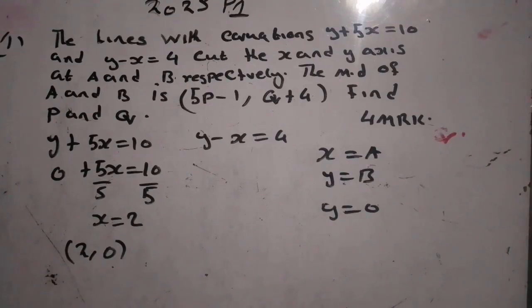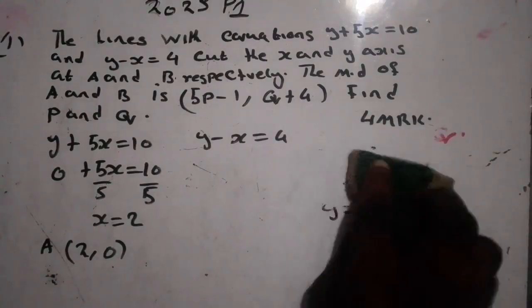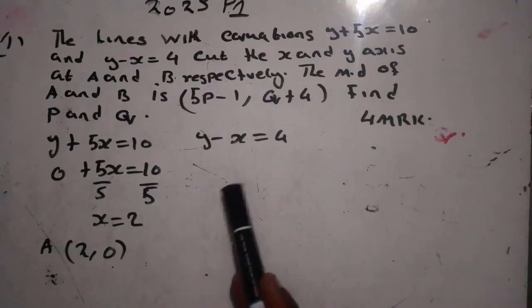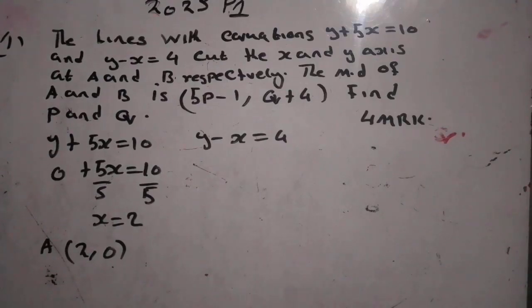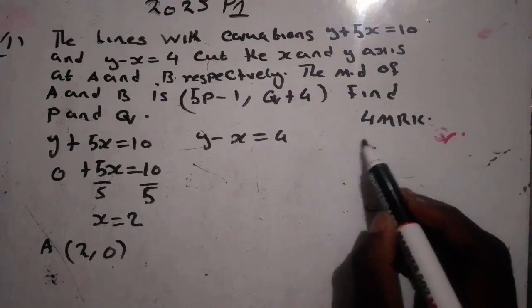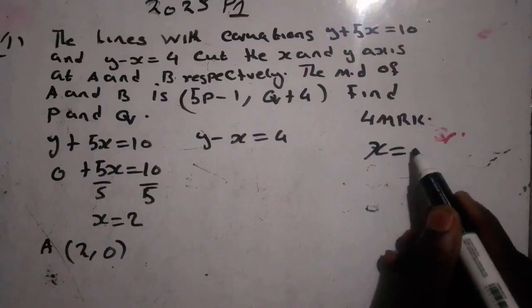Let's now find the coordinates of B. We find B using the last equation, y minus x is equal to 4. Remember this equation cuts the y-axis at point B. On the y-axis, x is equal to 0.